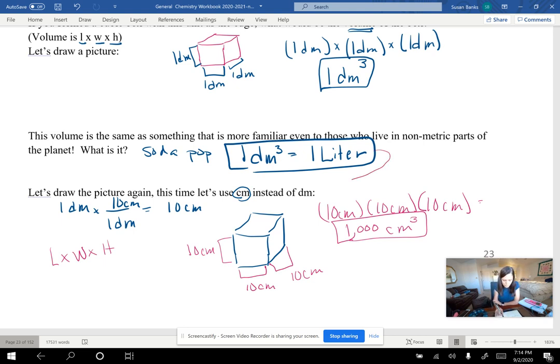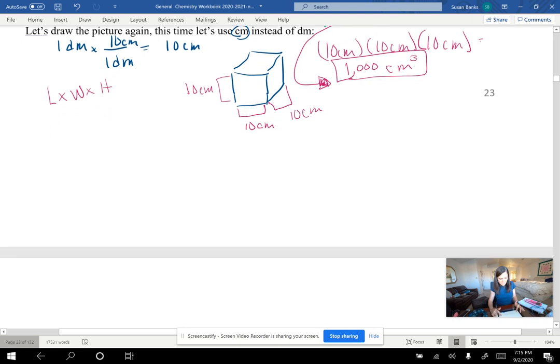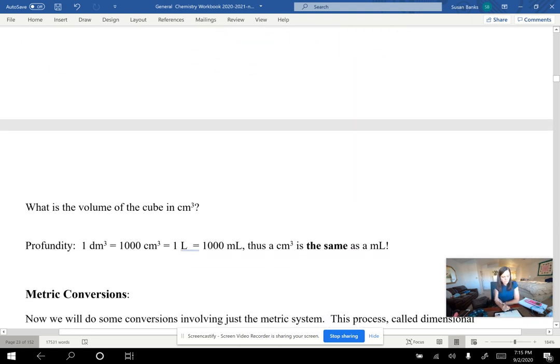Ooh, didn't we just say that that was also the size of a liter? So that means I have 1,000 centimeters cubed in a liter. Did you guys know that? So let's look at this next thing. The volume of the cube in centimeters cubed was 1,000 centimeters cubed.